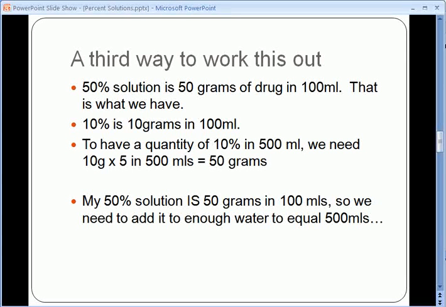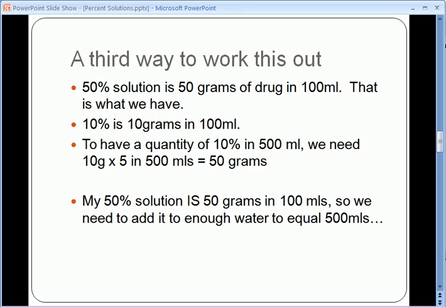Well, if I have 10 grams in 100 mLs and I want a desired amount of 500, 100 to 500 is 5 times. So I also multiply my 10 grams by 5 times, and I need 50 grams. So my 50% solution is going to be 50 grams in 100 mLs. So we need to add enough water so that we have 500 milliliters of my new concentration.